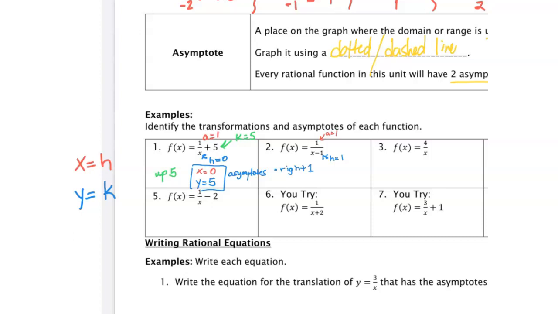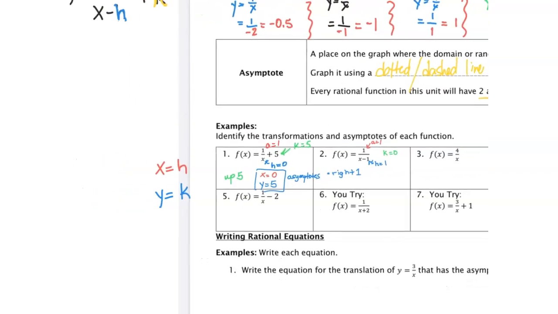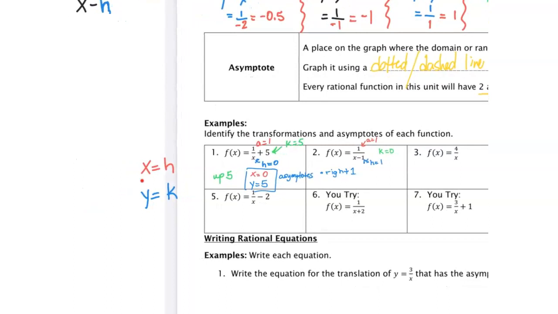We have no k at the end, so k was a default of 0. Lastly, we have our asymptotes. So again, that's x equals the h value and y equals the k value. So our x equals our h, which is 1, and our y is equal to our k value, which is 0. These are our asymptotes.